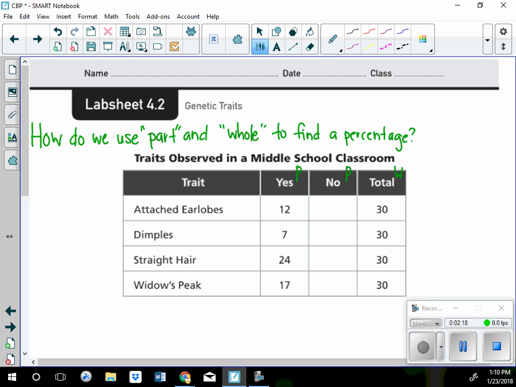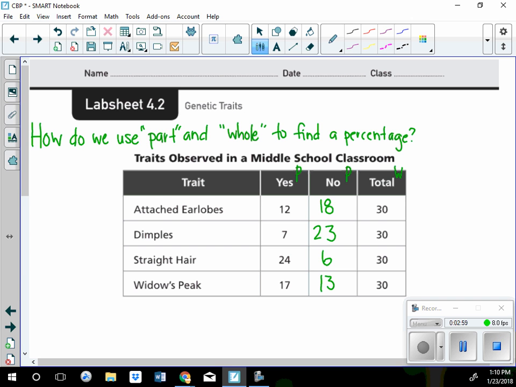While she's thinking, Megan, how many people do not have dimples? All right, how many people do not have straight hair, Michaela? 6. And how many people do not have a widow's peak, Ryan? 13. All right, how many people do not have attached earlobes, Bryn? 18, there you go.